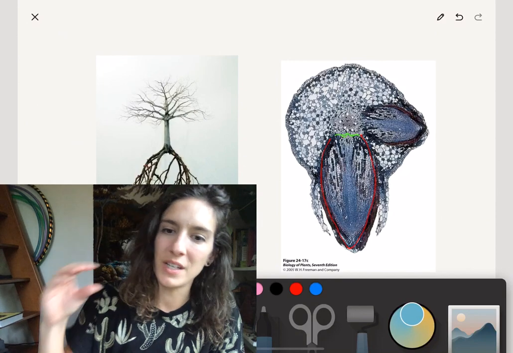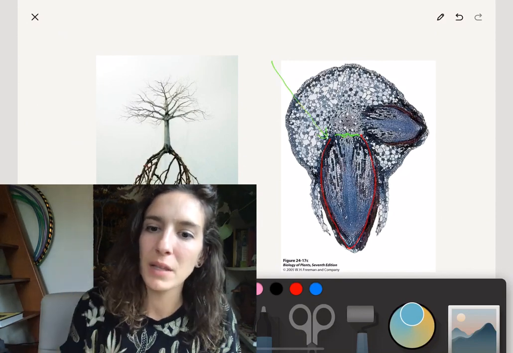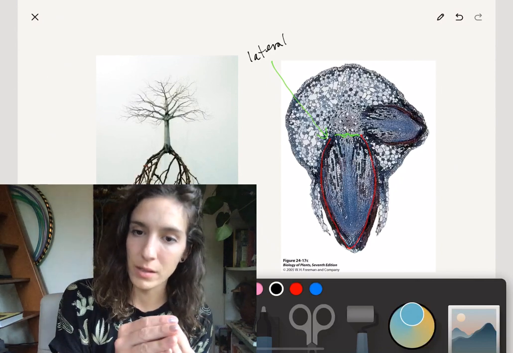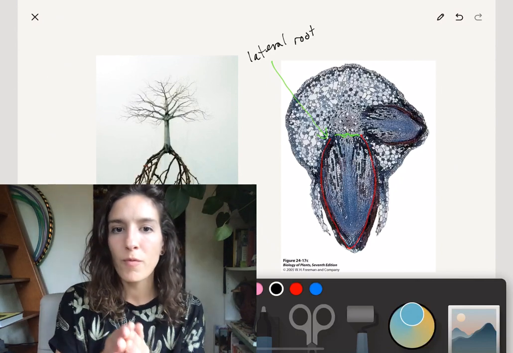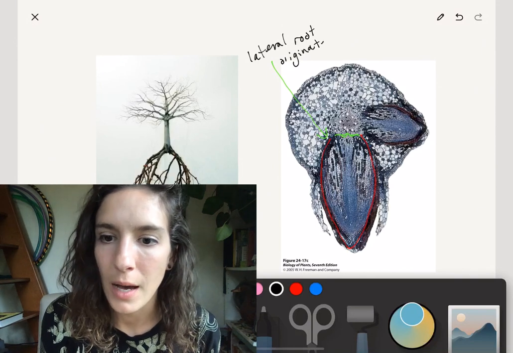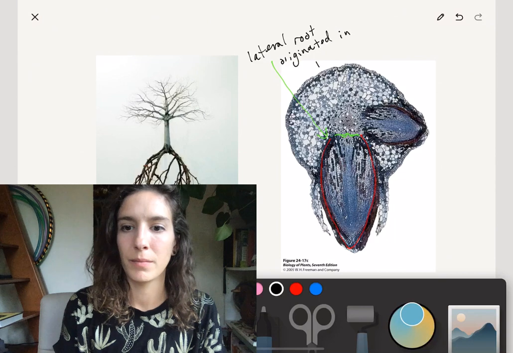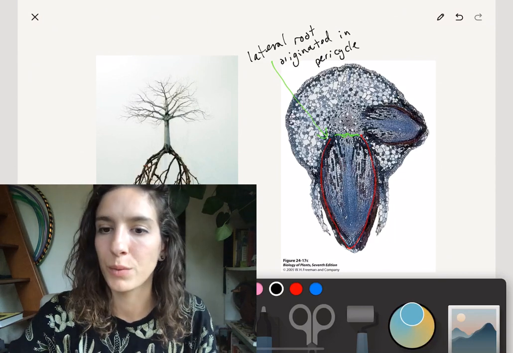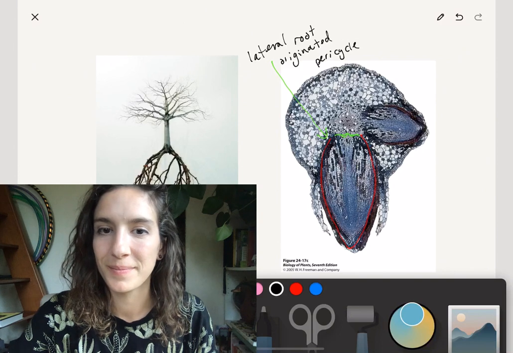It's just another rendition of the same thing. But this time the lateral root and the root apical meristem that is forming that lateral root, they form from the pericycle. Remember that inside of the vascular cylinder. That is where lateral roots are born, from pericycle.